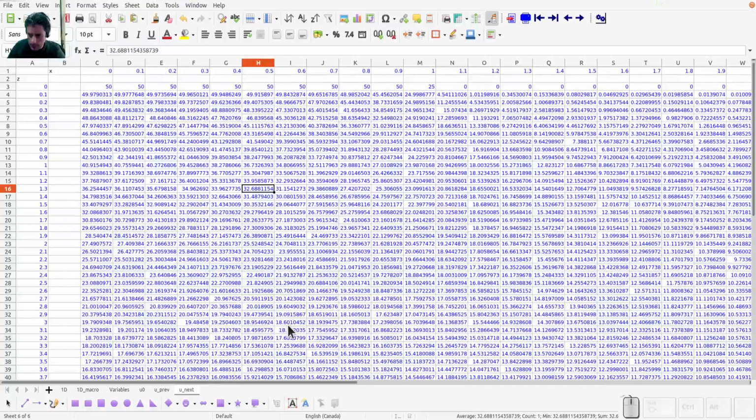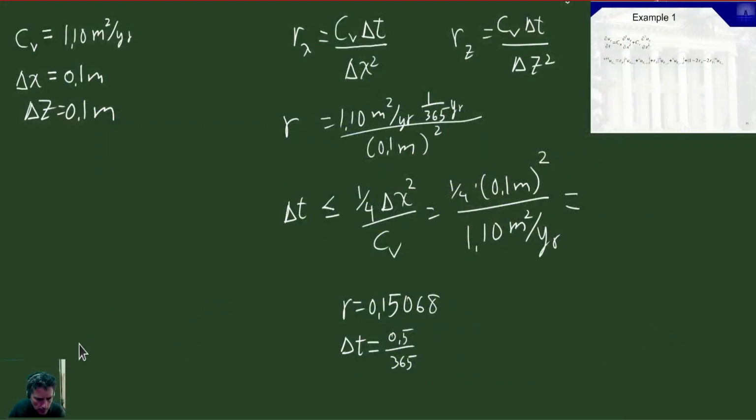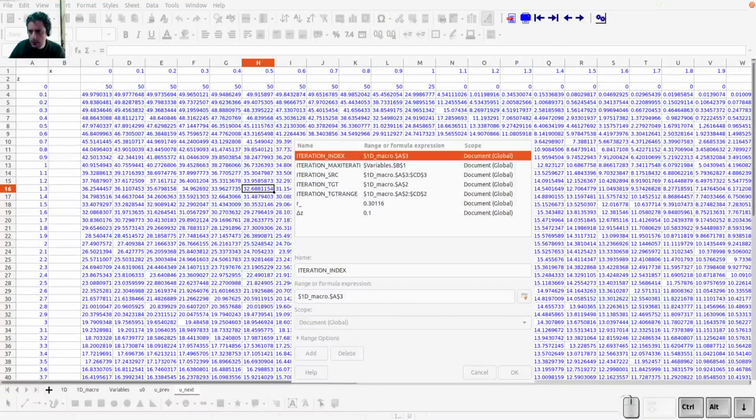Let me make sure that I re-add that particular window. Spreadsheet. Manage names. There you go.